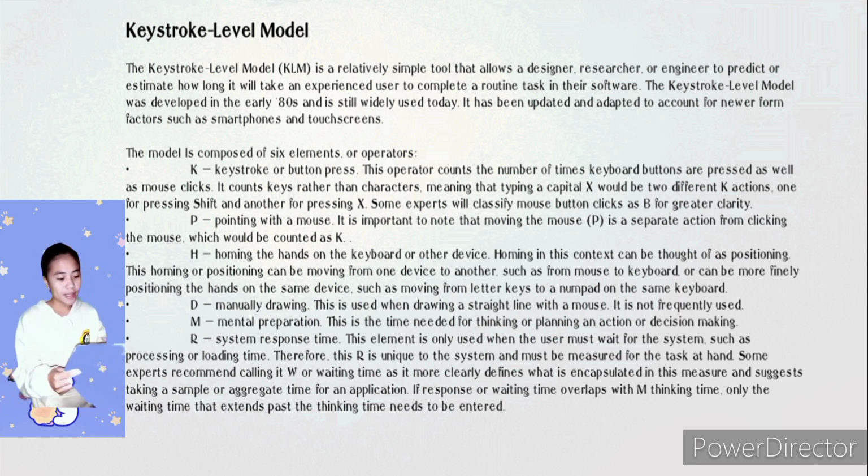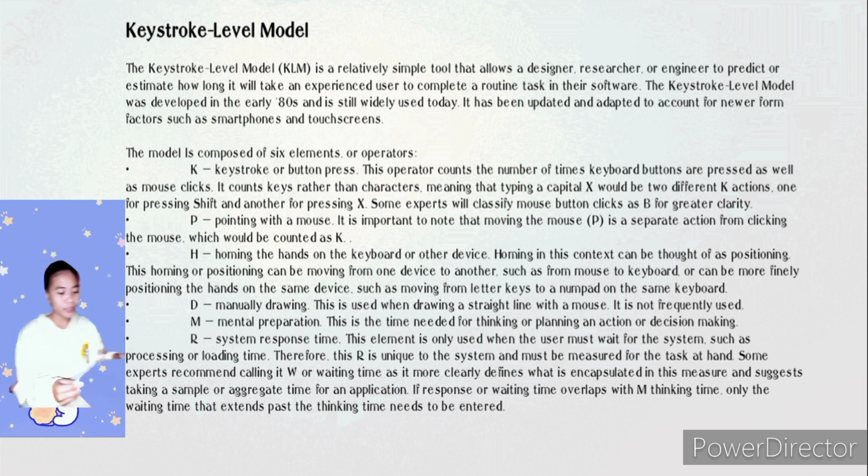K means keystroke or button press. This operator counts the number of times keyboard buttons are pressed as well as mouse clicks. It counts keys rather than characters, meaning that typing a capital X would be two different key actions, one for pressing shift and another for pressing X. Some experts would classify mouse button clicks as B for greater clarity.